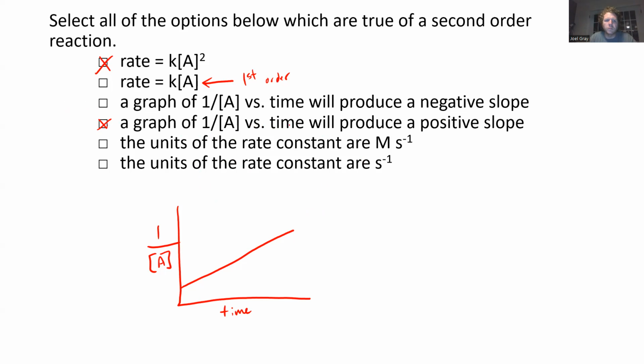Now our third pair of answer options: the units of the rate constant are M times s to the negative first power, which is the same as molarity per second. The units of the rate constant are inverse seconds, okay, which is the same as 1 over s.